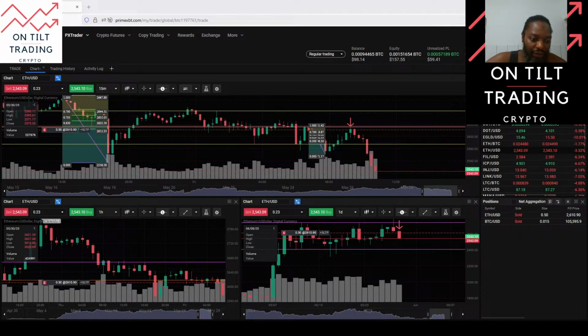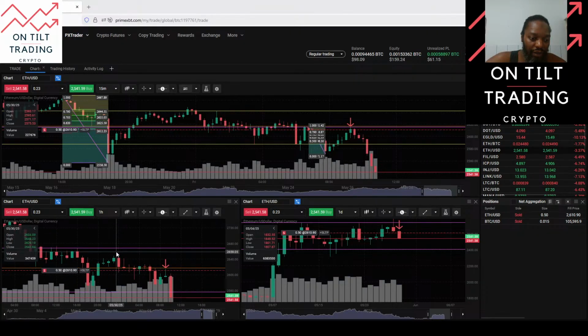But this is yesterday's low, and we can see within an hour we get a break below yesterday's low, and if we come over a bit, we can see additionally we get price action coming below yesterday's low.